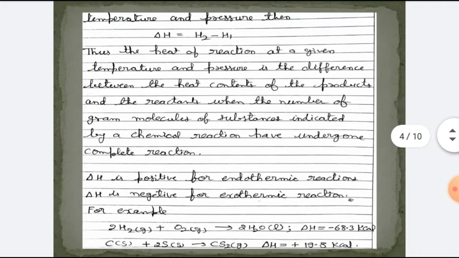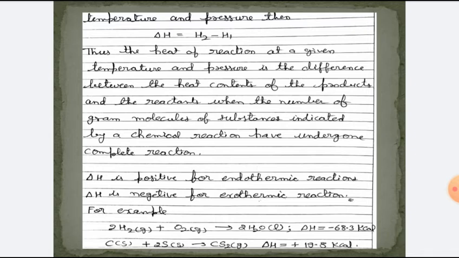Thus, the heat of reaction at a given temperature and pressure is the difference between the heat content of the products and the reactants when the number of gram molecules of substances indicated by the chemical reaction have undergone complete reaction.